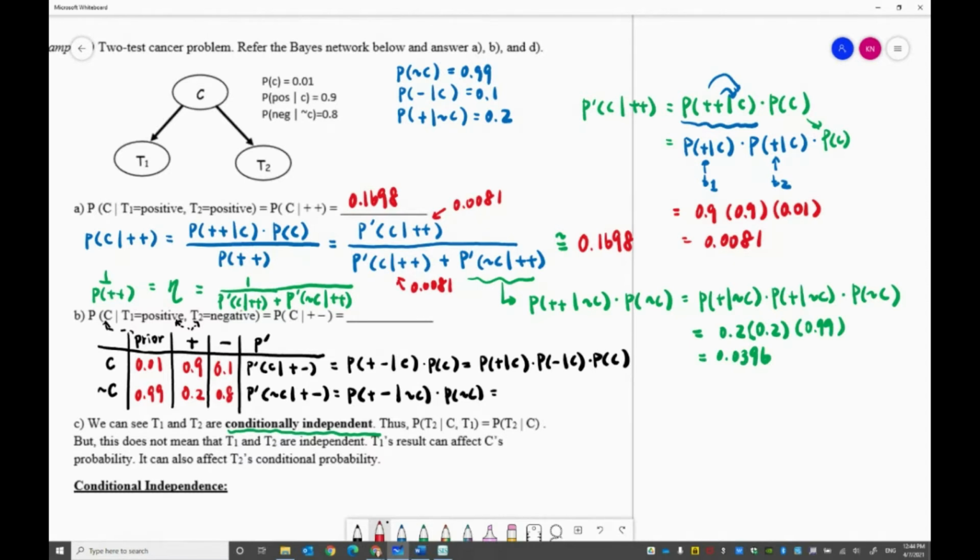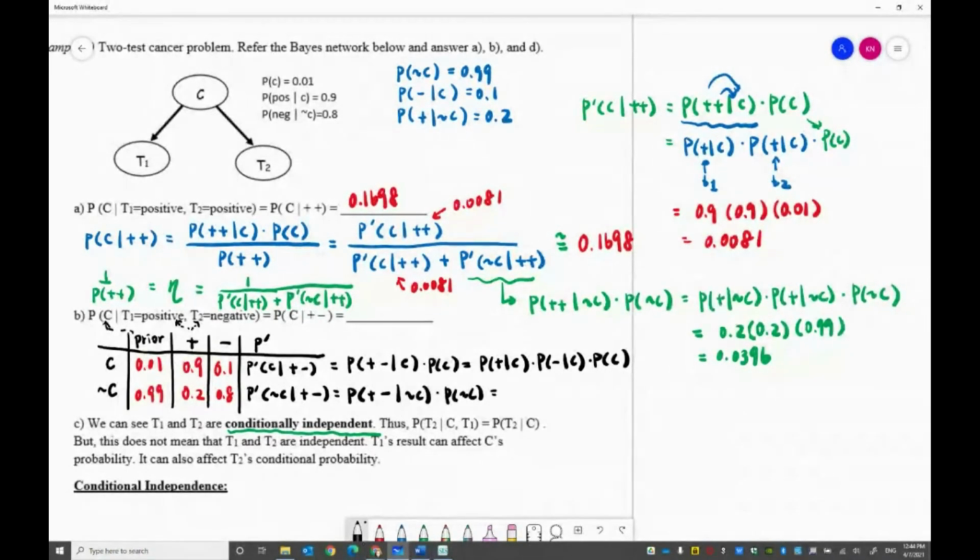You can also calculate prime beforehand. So the first prime represents prime C given positive and negative. The given is not changed, it's not observable. And prime of not C given positive, negative. So if I use the prime definition, that is flip and prior, then flip, multiply, prior.